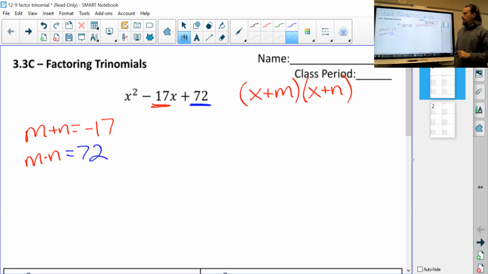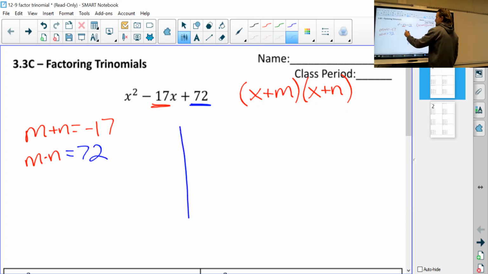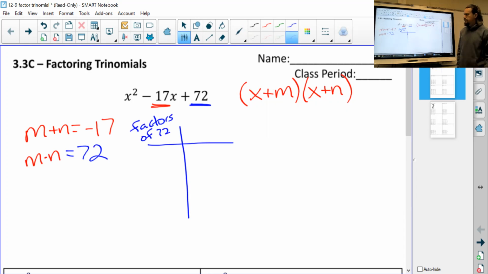Okay. So the way we usually do this, let's make ourselves a little table here. On one side, factors of 72. So two numbers that give me 72.